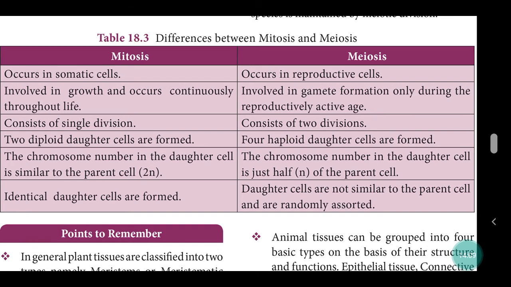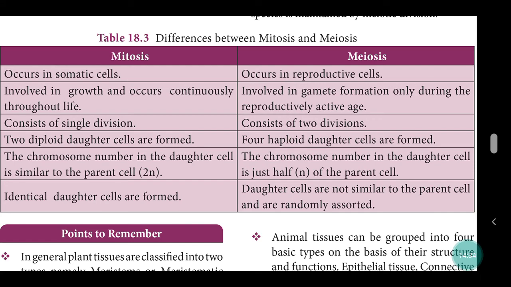Mitosis is involved in growth and occurs continuously throughout life. Meiosis is involved in gamete formation, sperm formation and ovum formation, only during the reproductively active age. In males, from puberty throughout life. In females, only from puberty up to around 50 years of age.